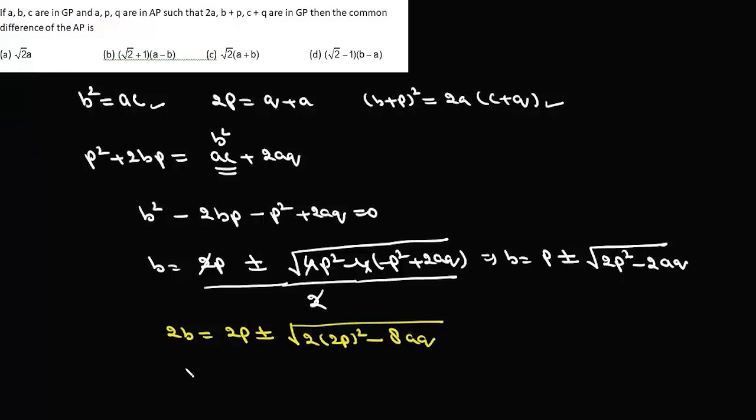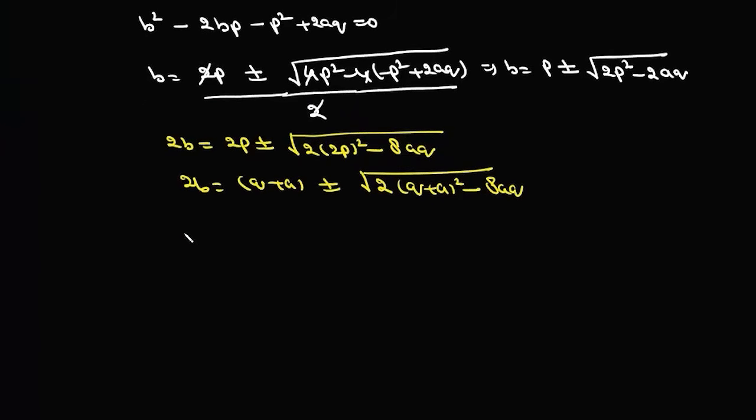Now 2P is Q plus A, so 2B is Q plus A plus minus under root of 2 times (Q plus A whole square minus 8AQ), or we can write 2B equals Q plus A plus minus, we'll take root 2 common, and then it will be (Q plus A) whole square minus 4AQ, and that will be (Q minus A) whole square. There will be root 2 times (A minus Q).